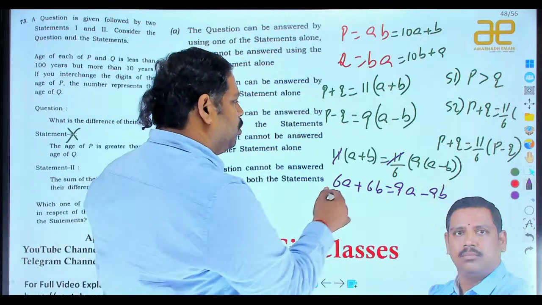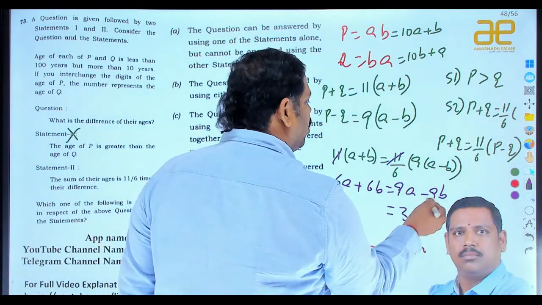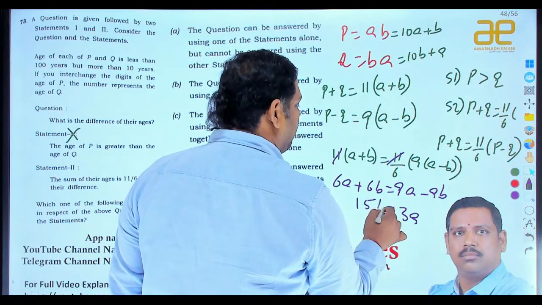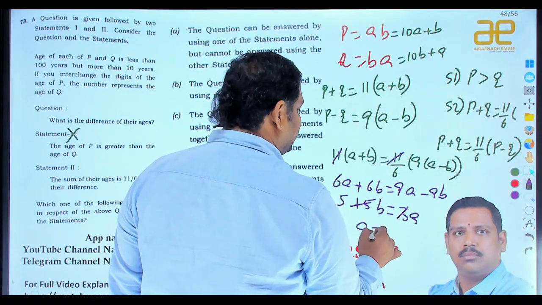Move the 6A this side, it will be 3A; move the 9B this side, it will be 15B. 3 ones are 3, 3 fives are 15. Now I can say A is equal to 5B.